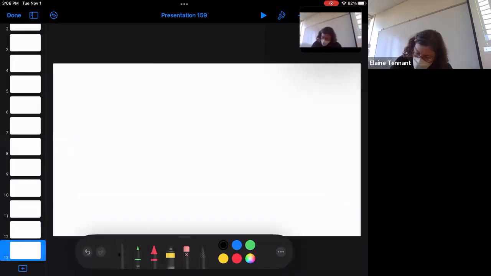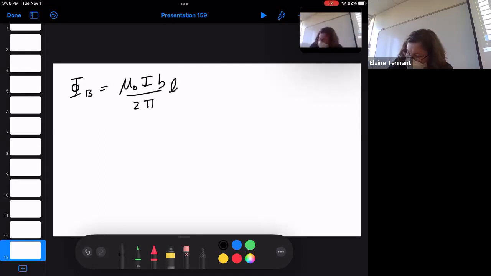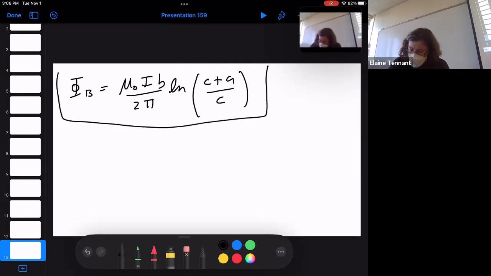And we arrive at a very nice mu naught I b over 2 pi, natural log of c plus a over c. I'm quite happy with that. Did that make sense?